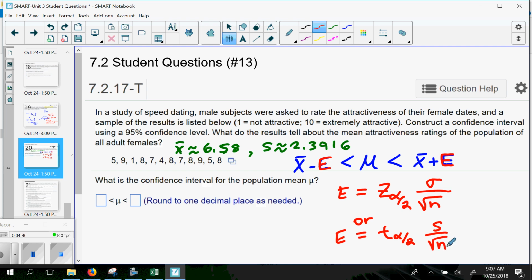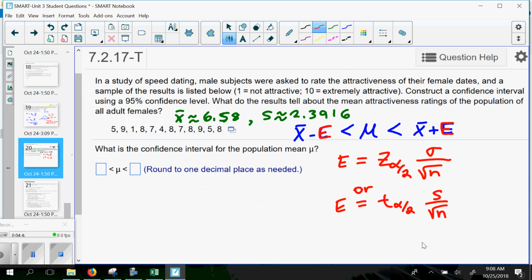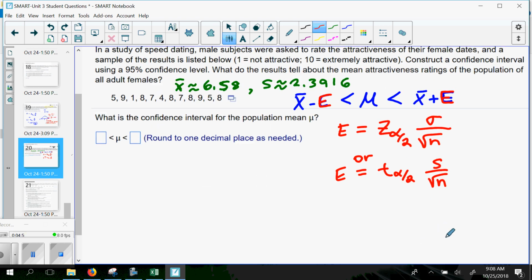And since we don't have the population standard deviation given anywhere and all we have to work with is s, we're going to go with the second option here and use a t-score to calculate E. So we're going to go ahead and use this one.